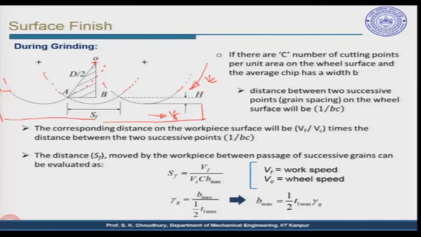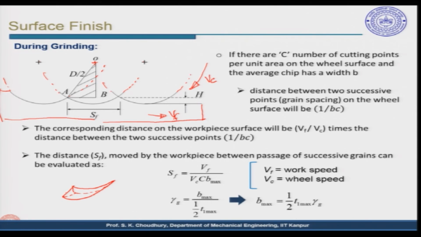If there are C number of cutting points per unit area on the wheel surface and the average chip has width b, then the distance between two successive points, which we can call the grain spacing on the wheel surface, will be 1 by b into C. I would like to remind you that we have earlier seen a chip in grinding, represented in this way.